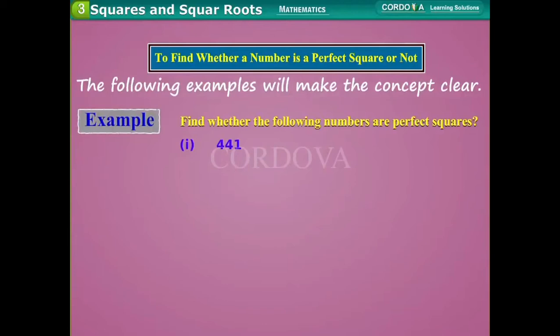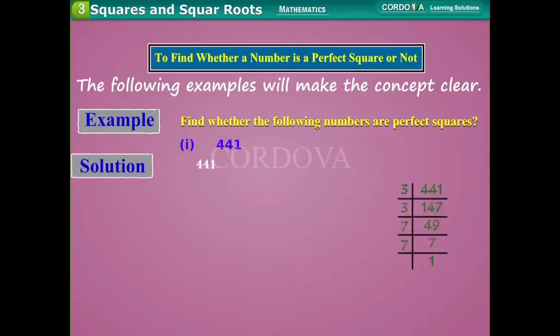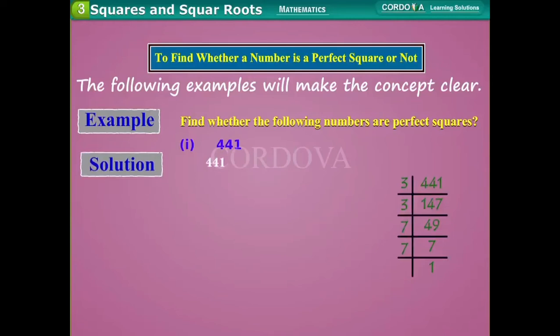Example: find whether the following numbers are perfect squares. 441. Solution: 441 divided by 3, 147 divided by 3, 49 divided by 7, 7 divided by 7 is equal to 1. 441 is equal to 3 into 3 into 7 into 7, which is equal to 3 squared into 7 squared, which is equal to 3 into 7 raised to the power 2, which is equal to 21 raised to the power 2.